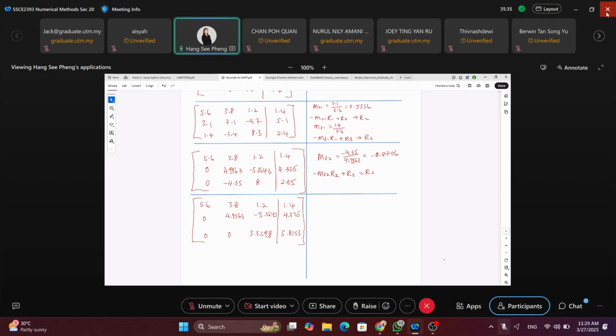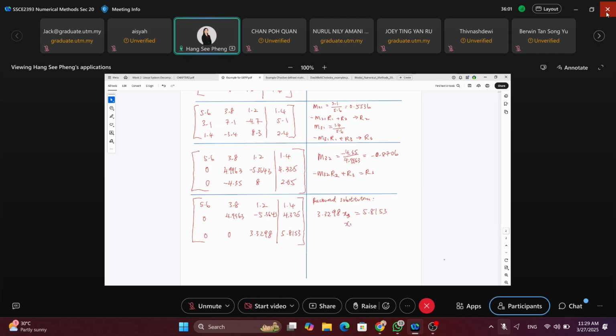Okay, now back to this form, we can use backward substitution. We start from the third equation: X3 equals 5.8153.